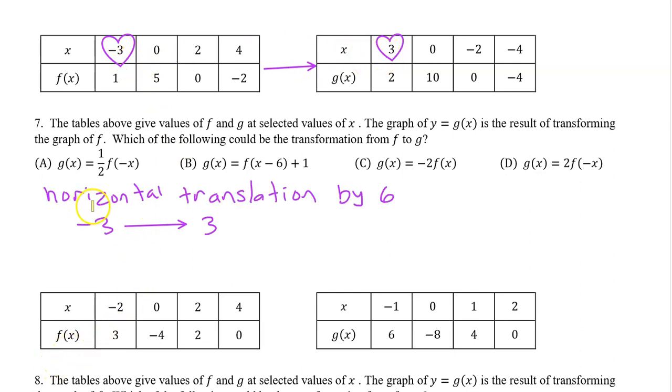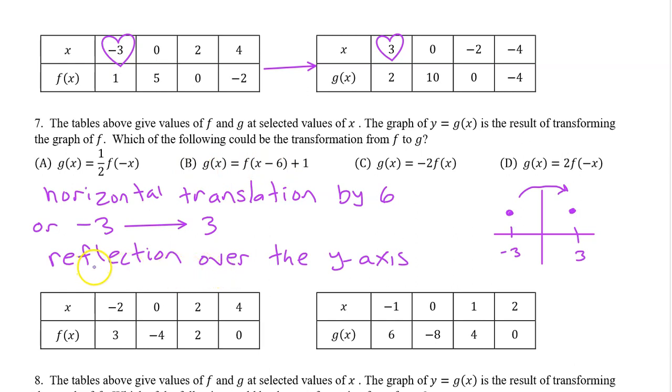This could be a horizontal translation by 6, since we're adding 6 from -3 to 3, which would show up as x minus 6, so maybe the answer is B. Or it could be a reflection over the y-axis, because that would also map negative 3 onto positive 3.